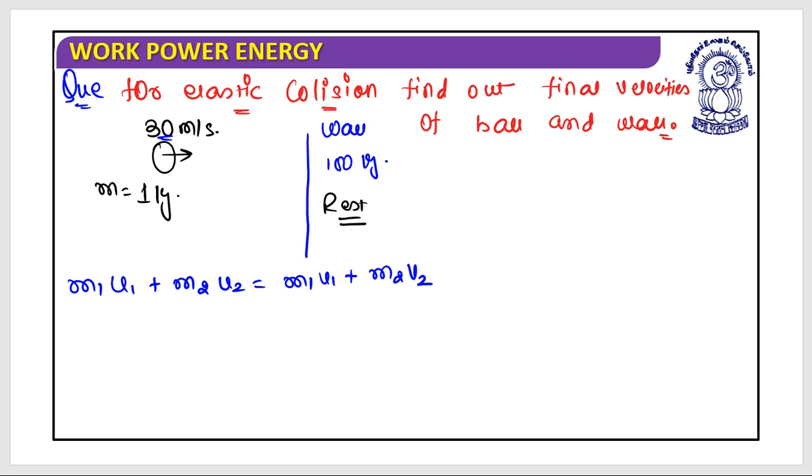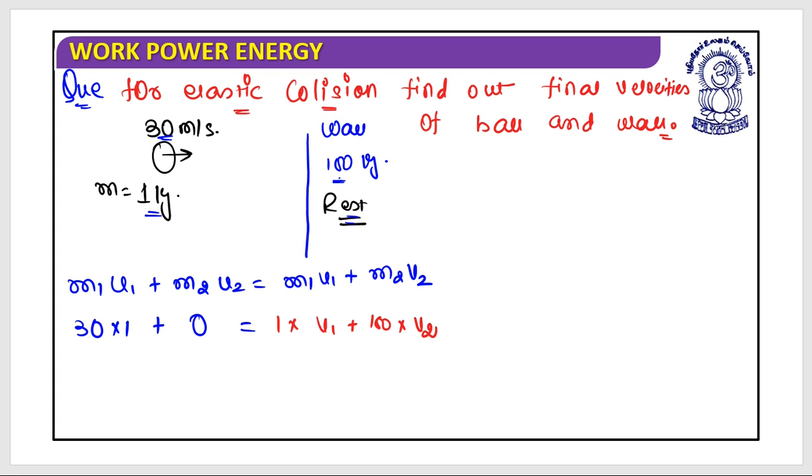Initially the ball is 1 kg at 30 meters per second, so this is 1 into 30 plus m2, which is 100 kg but initially at rest, so 0, equals 1 into v1 plus 100 into v2. I hope this is clear.